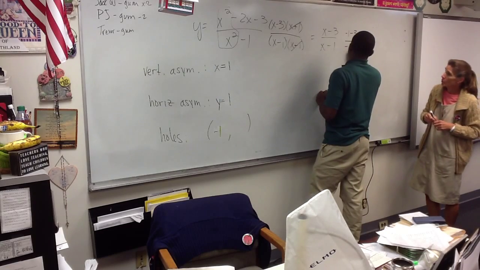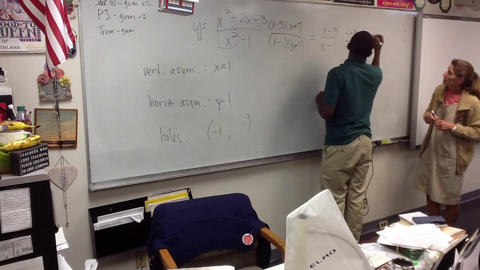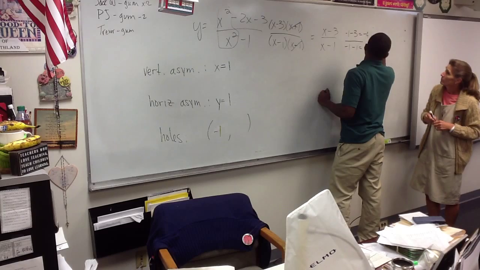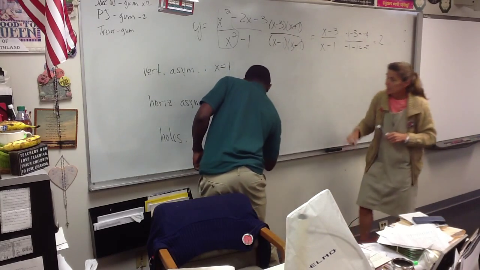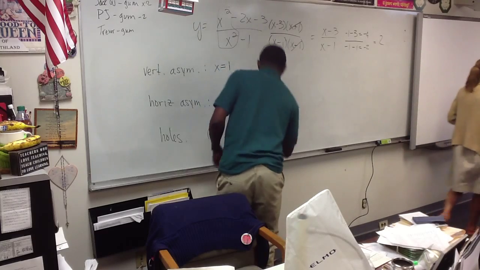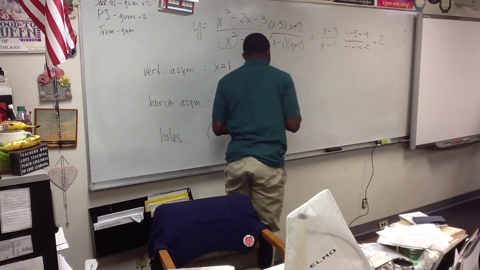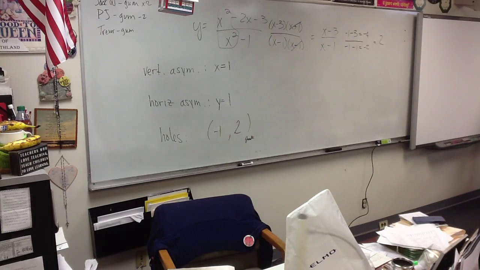No, negative 1. Yep. So then you fill in down here, that's 2, and he's done. All right, we're going to do one more. Does anybody have an issue with that? Everybody understand that?